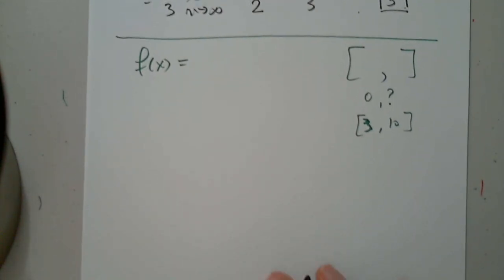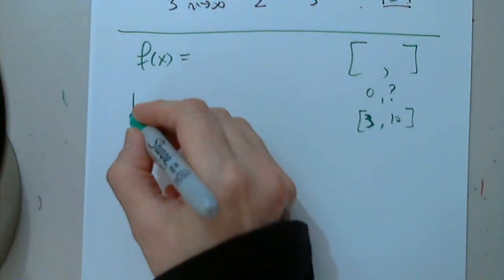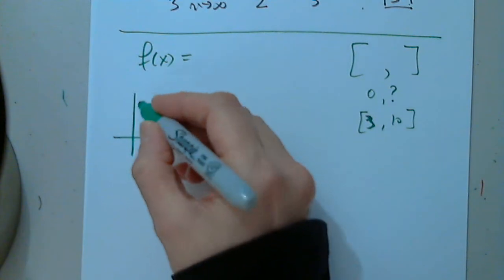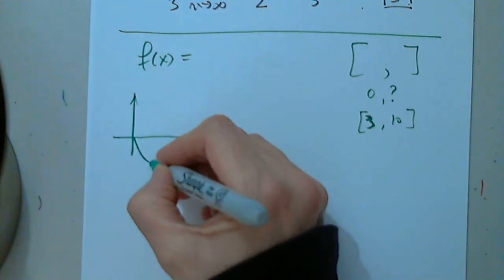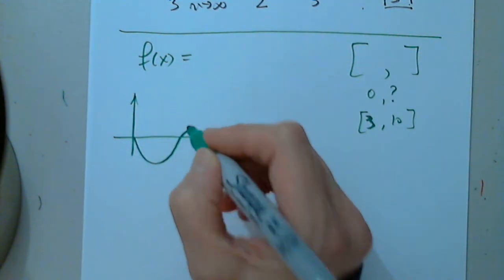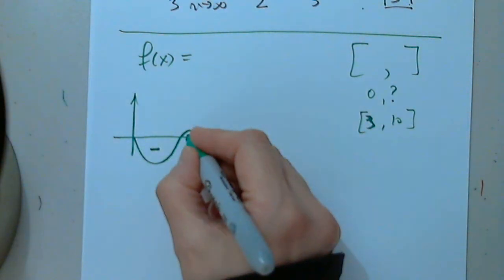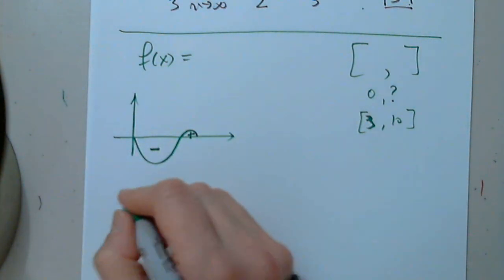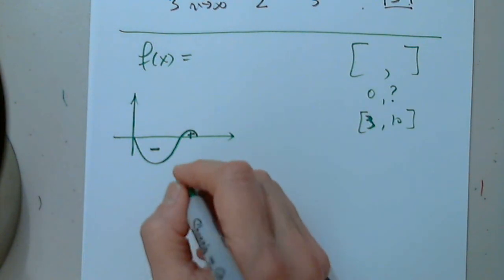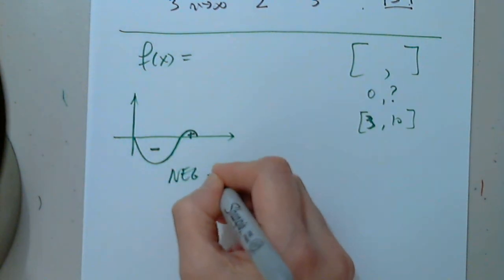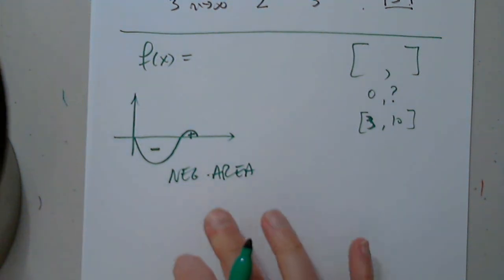Now, I wanted to explain one other thing. The area under a graph, if the function looks like this, is a negative area, which is much bigger than this positive area. So the result can be a negative area. This is possible.